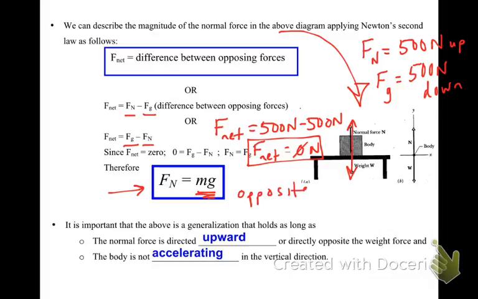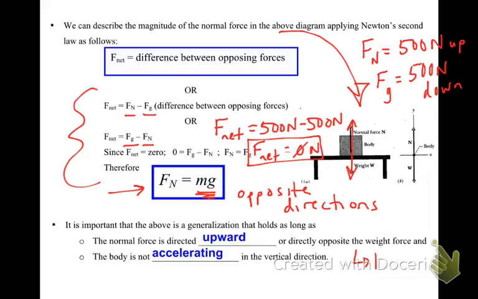So, things I want you to think about. It is important to note that this generalization, that our normal force will always be equal and opposite to our gravitational force, only works if the normal force is directed upward, or directly opposite that of the weight force.